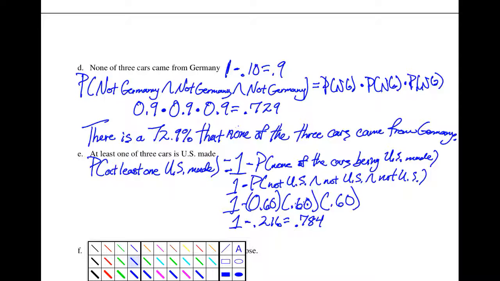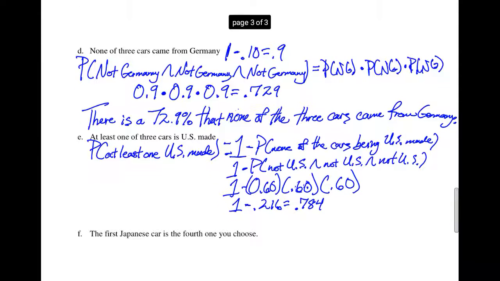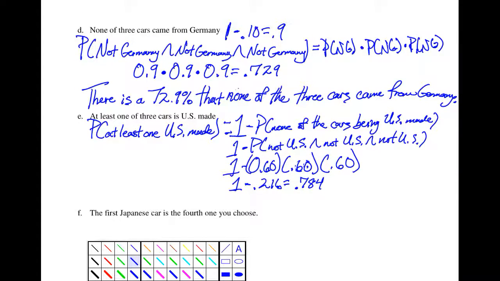So to write that out in sentence form, we would say there is a 78.4% chance that at least one of the 3 cars is US made.